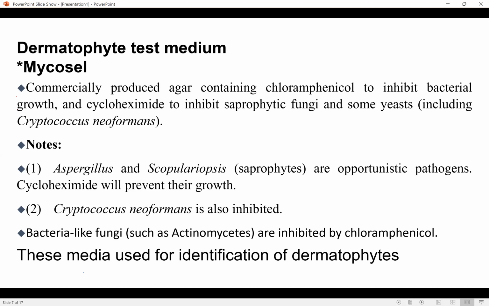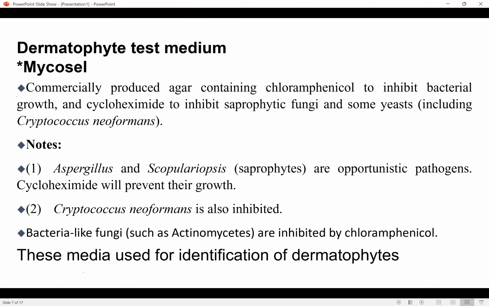If you don't take particular attention, you are going to have this medium overwhelmed with saprophytes, organisms that are just normal flora and don't cause any pathogenic clinical presentation. If that is the case, we are going to be unable to identify the particular pathogen. So we need to inhibit their growth so that when we grow, only the pathogen will likely grow.